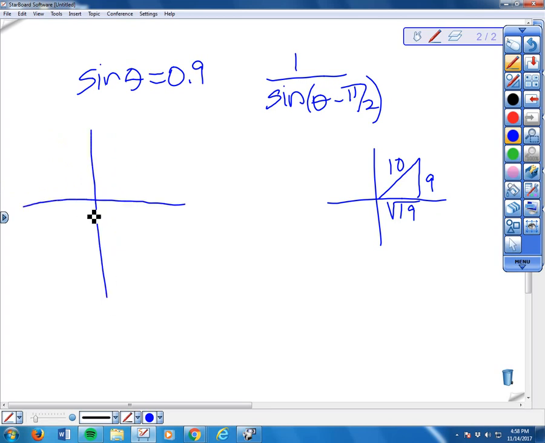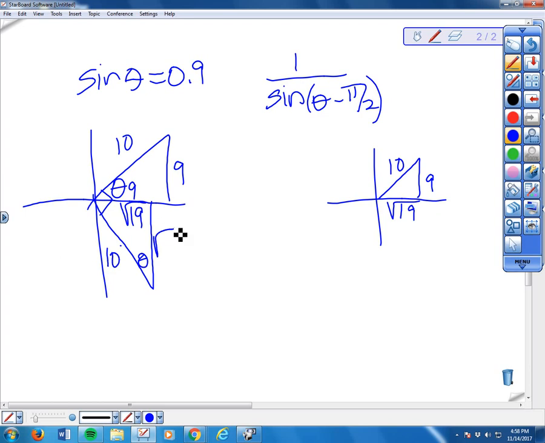Okay. If this is my theta and my sine is this, if I'm going to go ahead and move it 90 degrees to the negative, it puts it here. This is now theta, so this becomes 9. This is 10. This is the square root of 19 for this new angle.